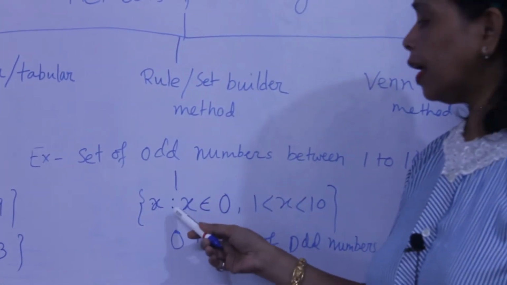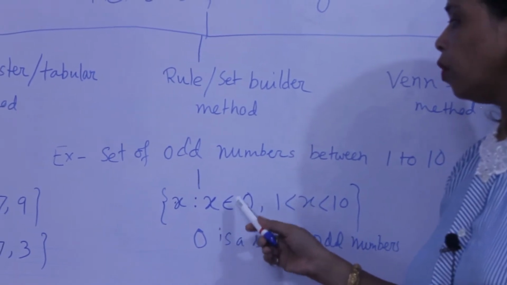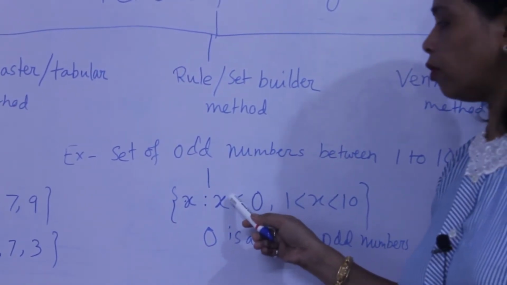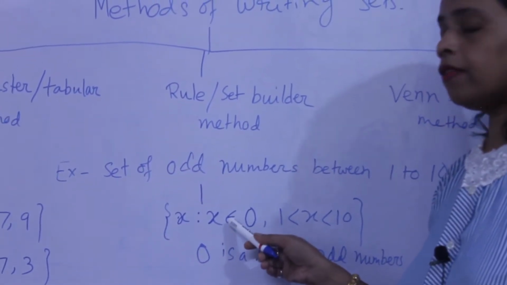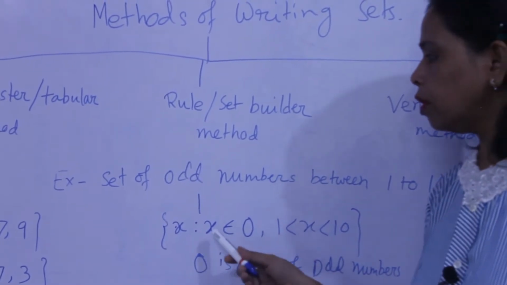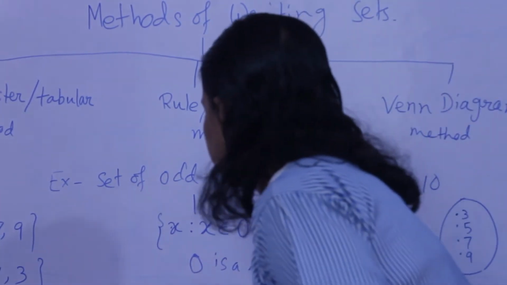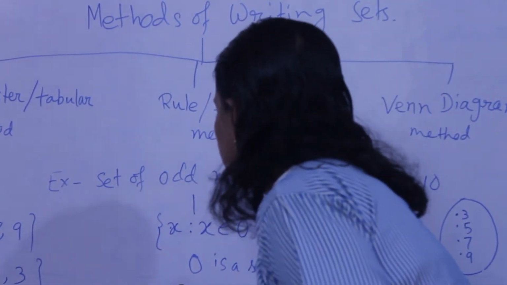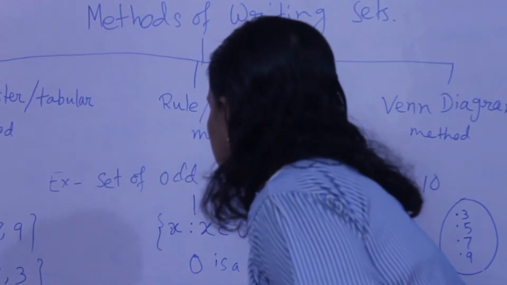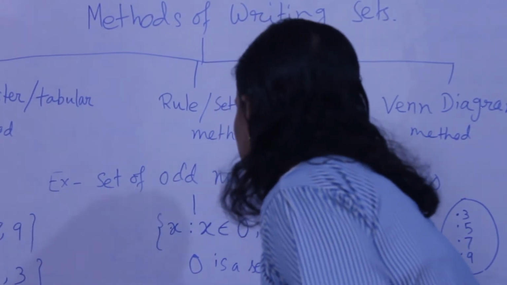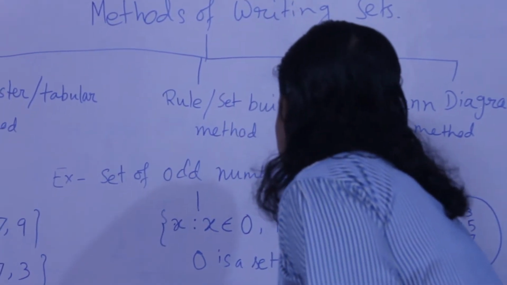What is x? x belongs to O. This sign I already told you is for belongs to. So what is x? x such that. This colon or vertical line, this sign is for such that.